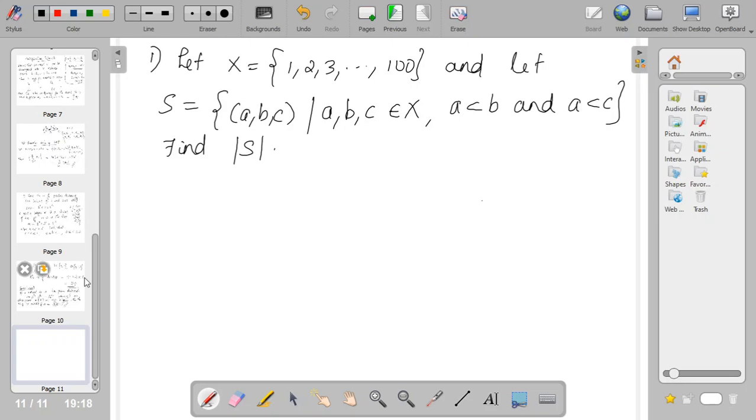So let us see how to solve this problem using addition and multiplication principle.